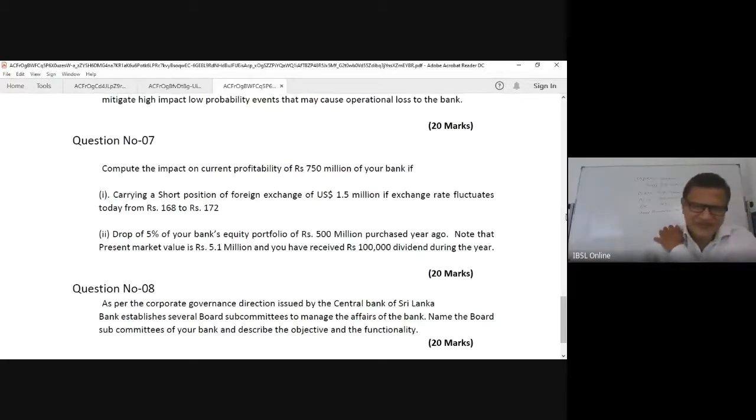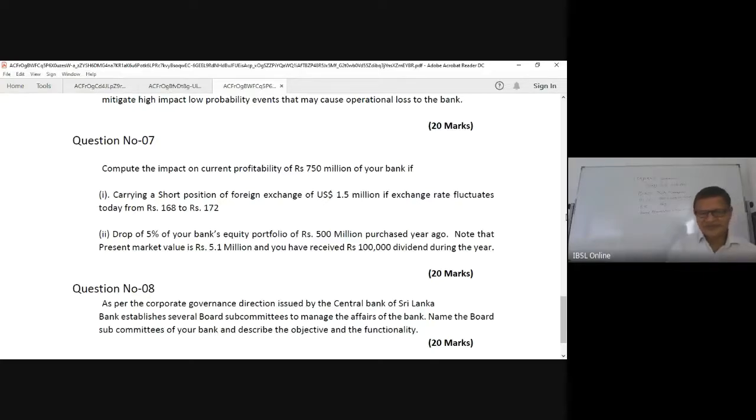Basically, what I expect out of this question is for you to remember at least the main subcommittees under corporate governance. Mainly BIRMC, the Board Integrated Risk Management Committee, which deals with risk management, and our subject matter is risk management. Board is also interested in managing the assets and liabilities of the bank, which is also a very important function.